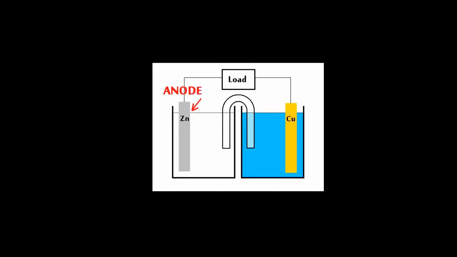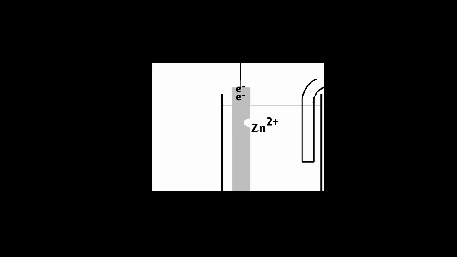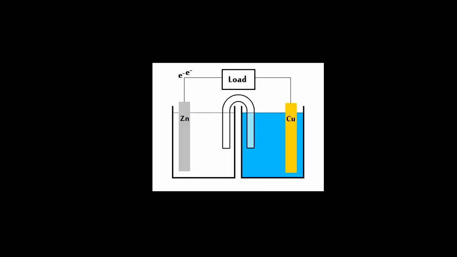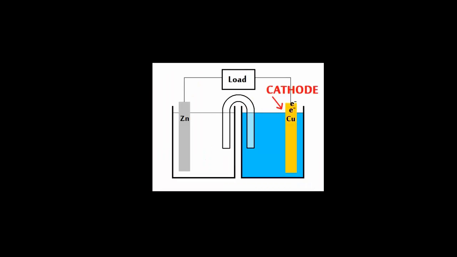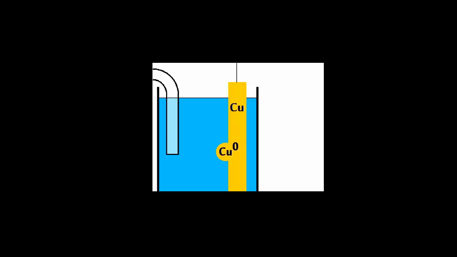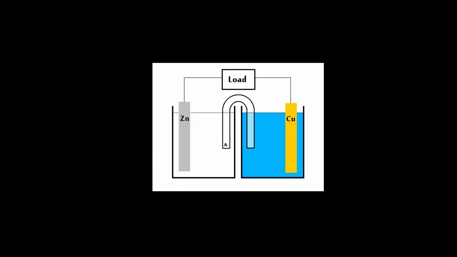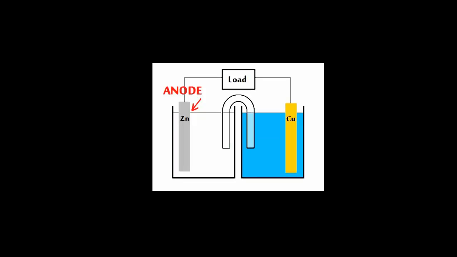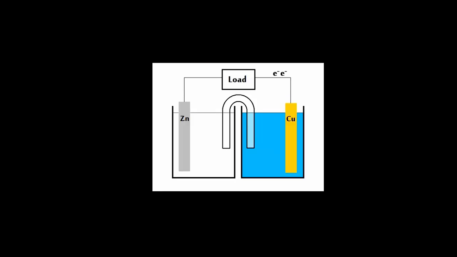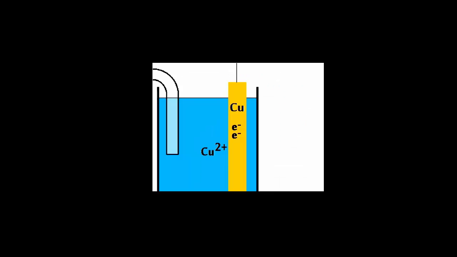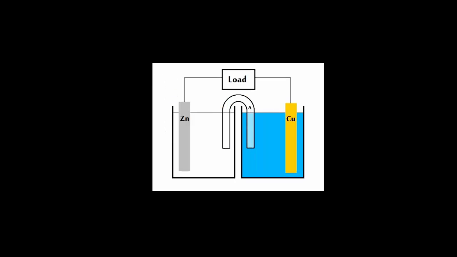We start at the anode, electrons are lost there, and go through the wire, and through the load on fire. They enter the cathode, and reduce the cations, and the anions go through the salt bridge back to where?